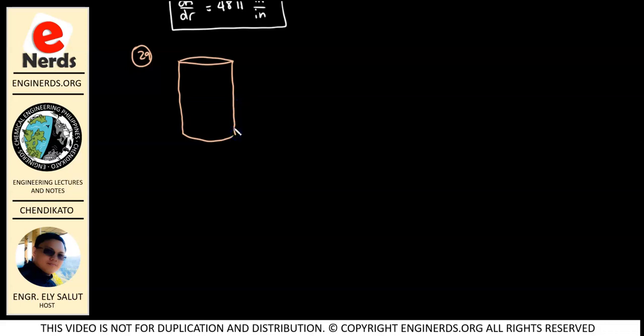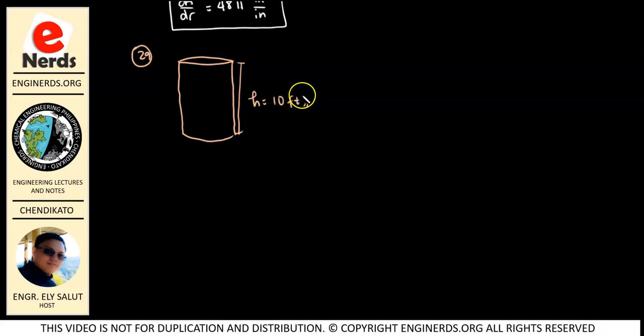So, ang sabi dito sa ating problem na constant ang altitude ng ating cylinder which is 10 feet, no? So, yung altitude niya is equal to 10 feet. So, constant yan. Hindi nagbabago. Now, the volume of the cylinder is changing with respect to the diameter of the cylinder, no? Now, what is the rate of this change when the radius is equal to 5 feet?